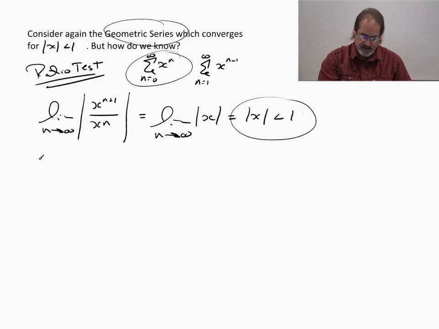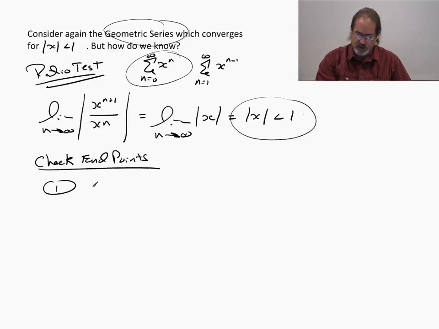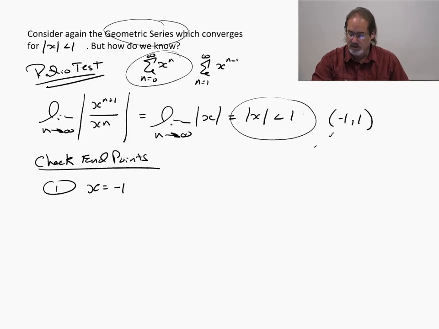If we check the endpoints, first of all, I'm going to check for x equals -1. I should write this interval. This gives me -1 to 1. So I'm going to look specifically at this endpoint and see if I can close it up. We already know we can't because we've addressed that before.